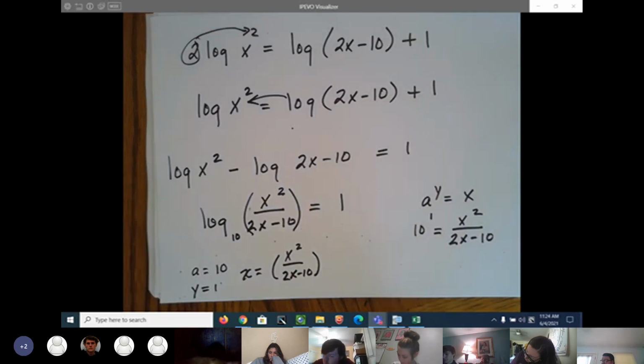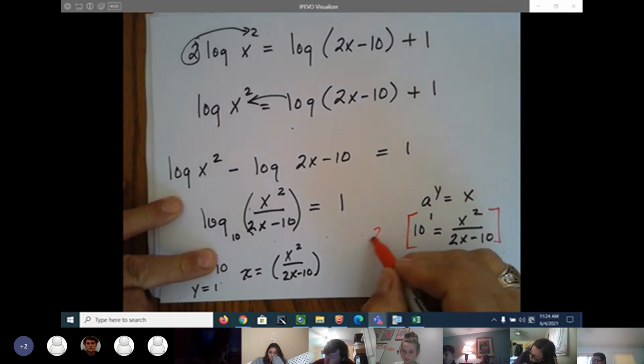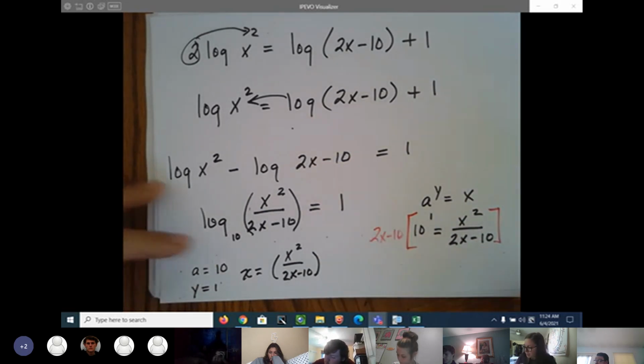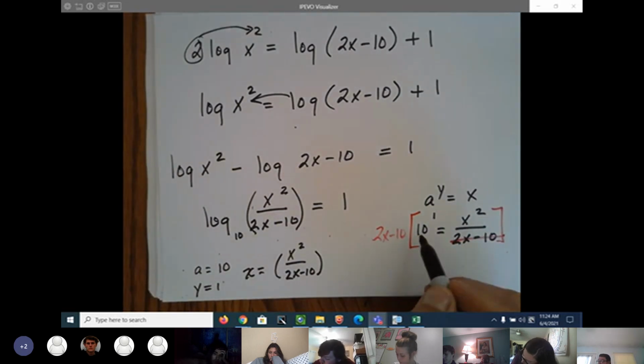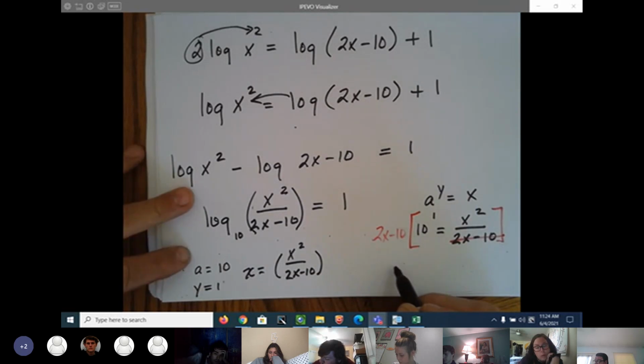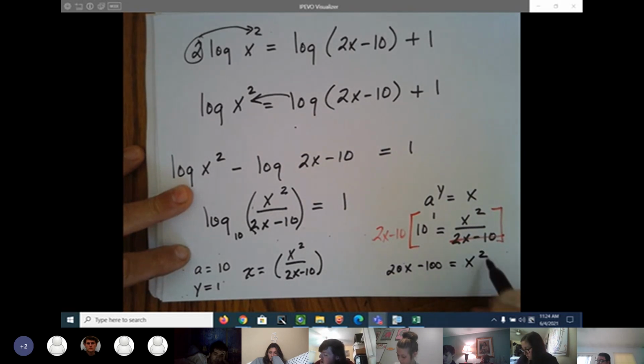I think we did one of these in class. So multiply both sides by 2x minus 10, and of course that's going to cancel that out. You're going to be left with 10 times 2x is 20x, 10 times negative 10 is negative 100, is equal to x squared.